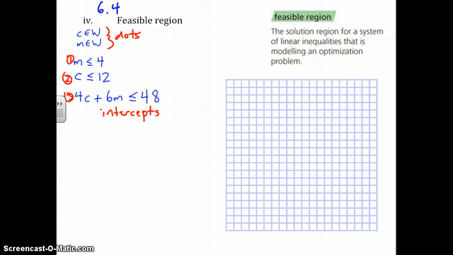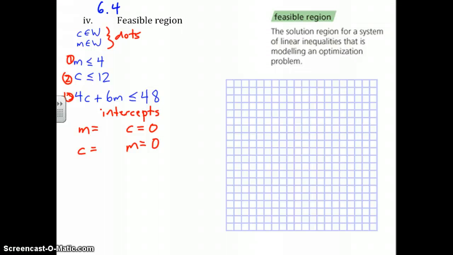To use intercepts, we want to know what the m value is when c equals 0, and what the c value is when m equals 0. Then we'll have 2 points and can connect them to make a line. That'll work great in most cases.